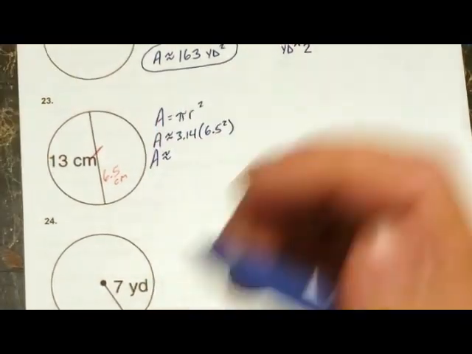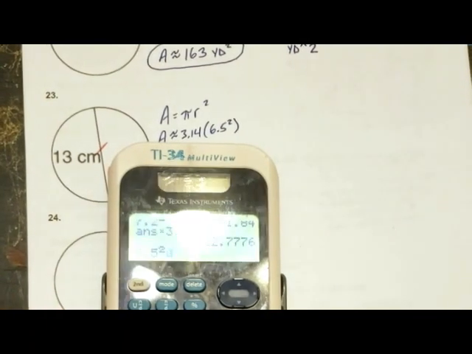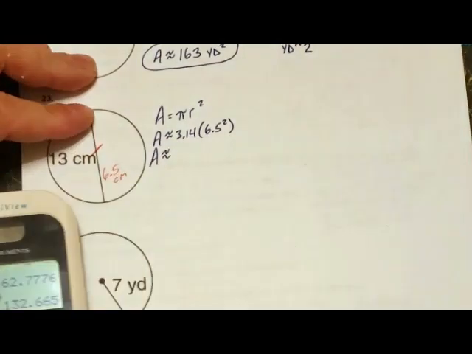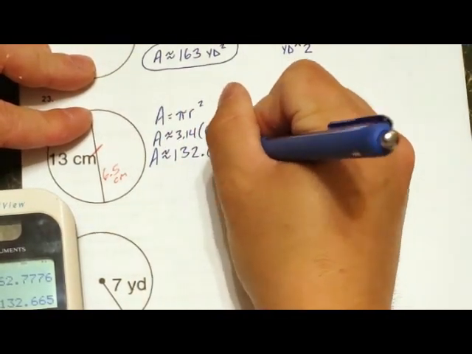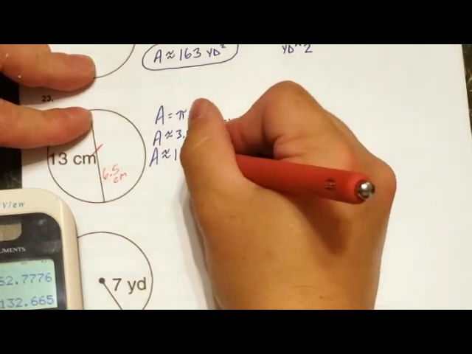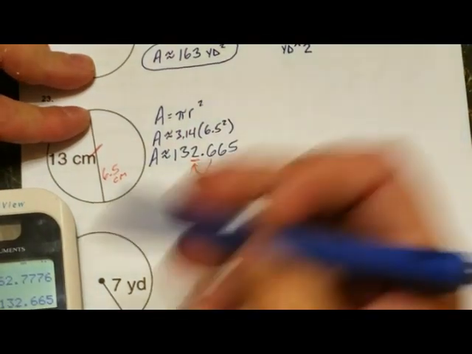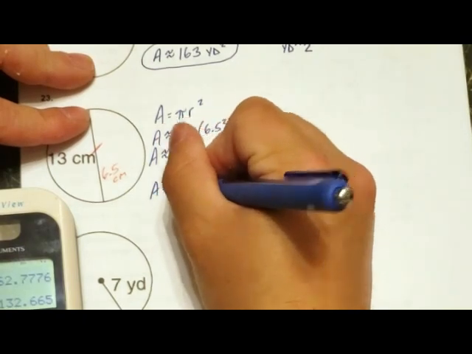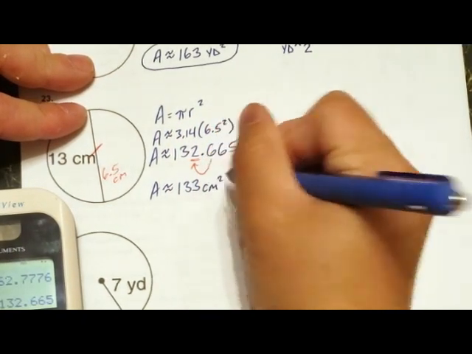A is about, see, 6.5 squared times 3.14 is 132.665. We're supposed to round to the nearest unit. 6 would make the 2 go up to a 3, so that would be about 133 centimeters squared.